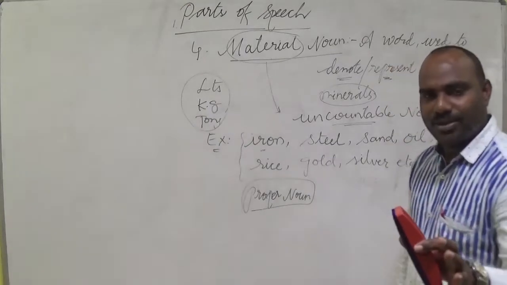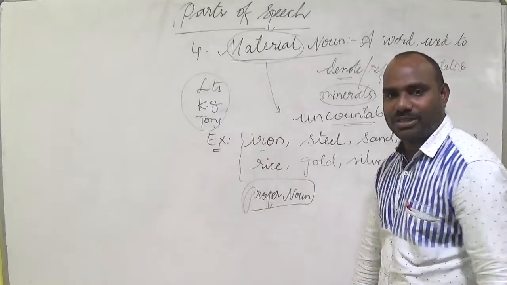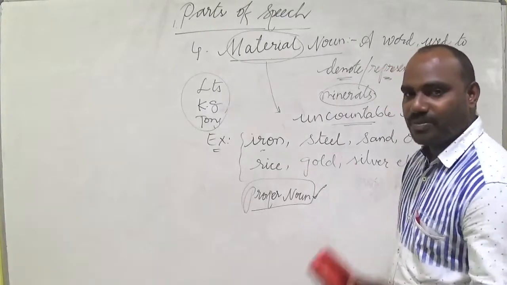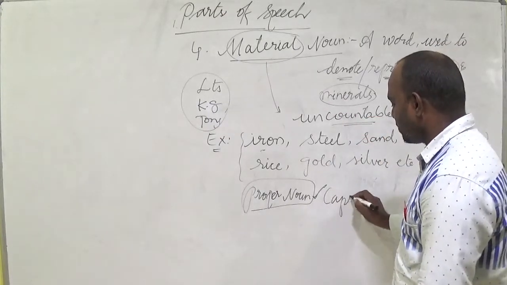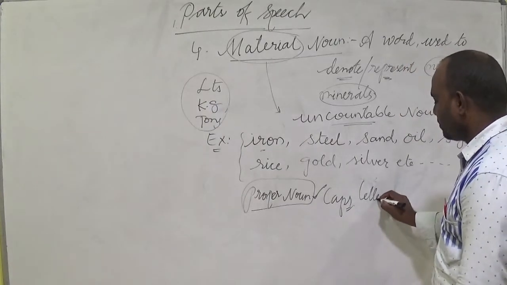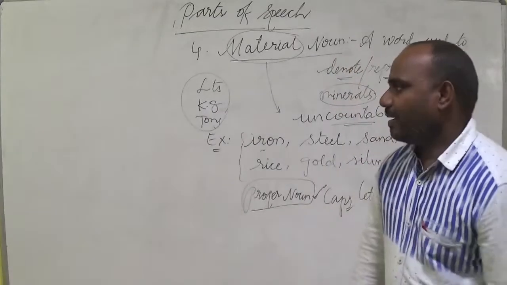Proper noun means specific names or particular names of people, things or places, etc. While you write these specific names, you must begin the proper noun with a capital letter. This is a very, very important rule in punctuation.